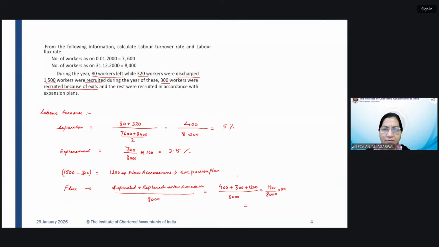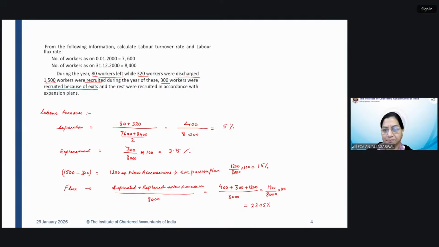So you will see that it will come out to be 5% plus 3.75%. And if 1,200 I calculate on 8,000 new accessions, it is 15%. So this will come out to be 23.75%.